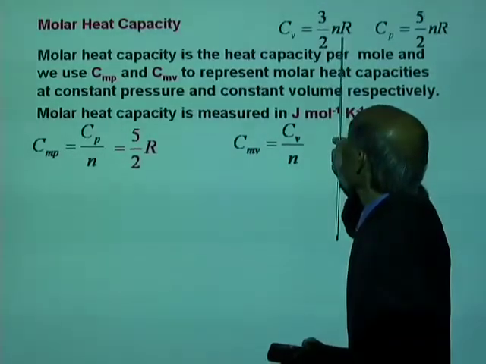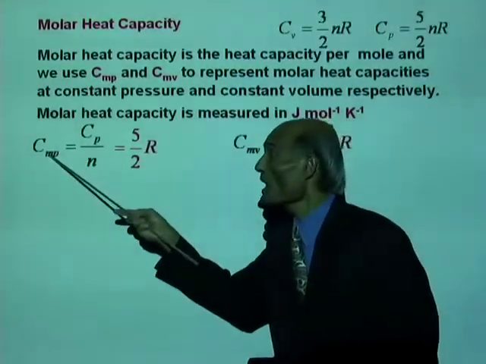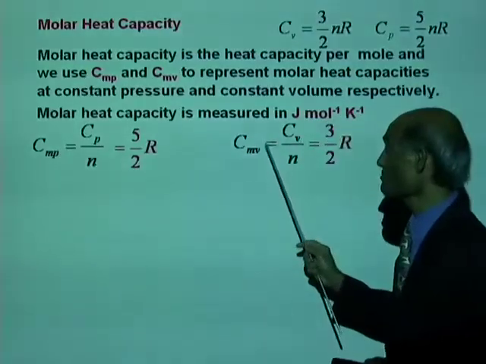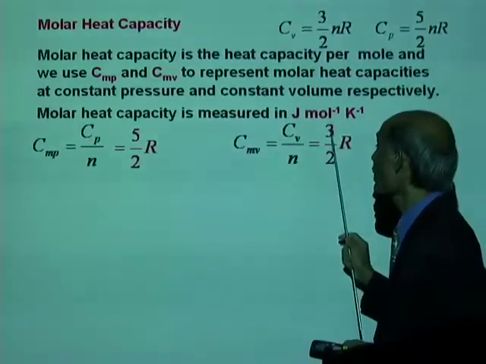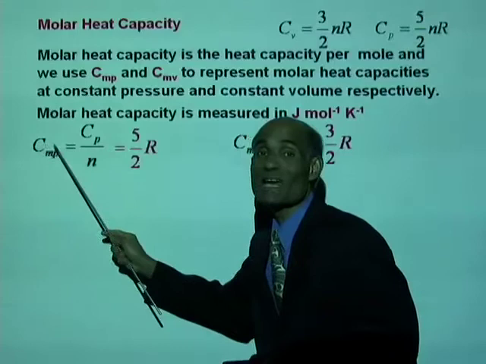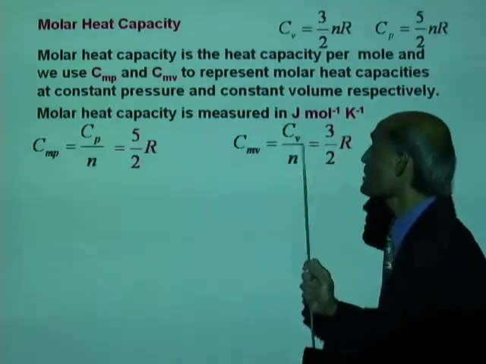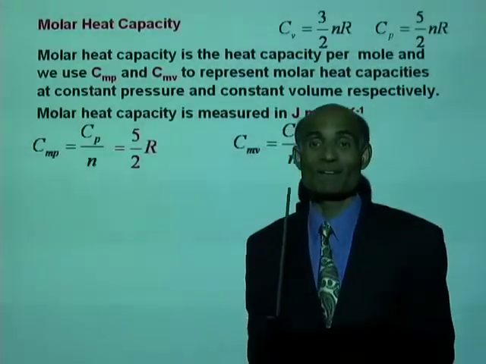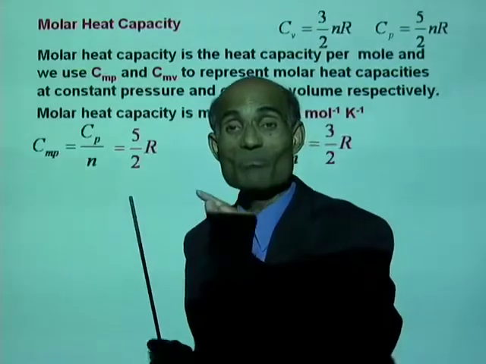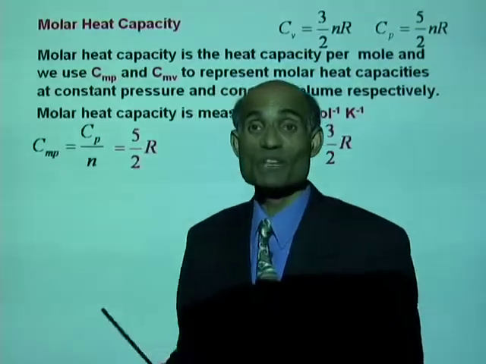And if you divide this quantity by n, you get 3/2 R. So, molar heat capacity at constant pressure is 5/2 R, and molar heat capacity at constant volume is 3/2 R. That means the difference CMP minus CMV is 5/2 R minus 3/2 R, which is R. The difference between molar heat capacity at constant pressure and at constant volume must be equal to R.